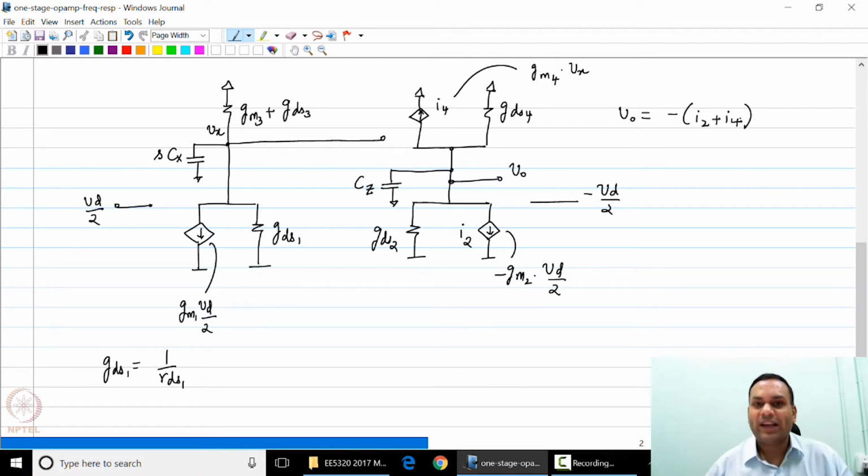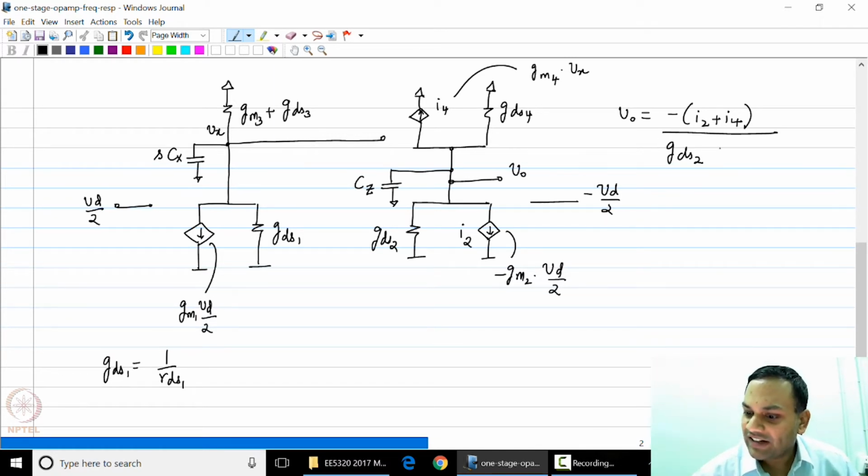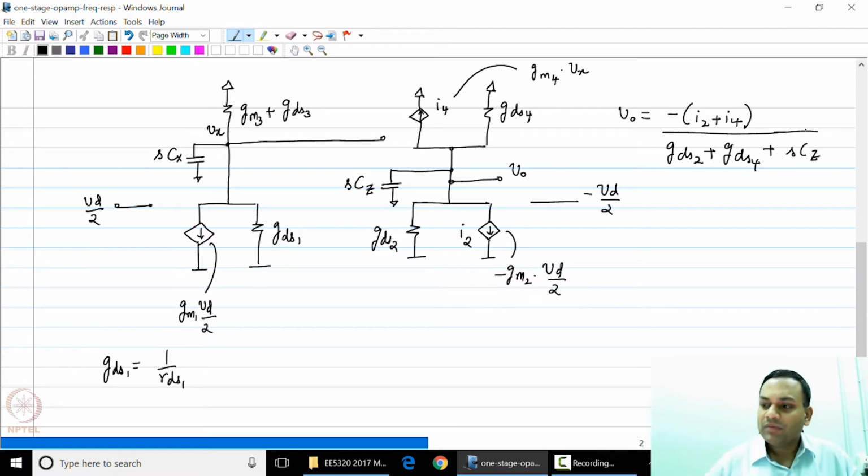This is the total current flowing into the node times the sum of all the impedances in the node, or it is 1 over the sum of all the admittances because they are all in parallel. So that is nothing but gds2 plus gds4 plus sCz. Now it is our job to find out I2 of s and I4 of s.